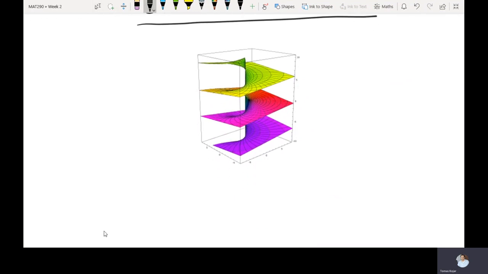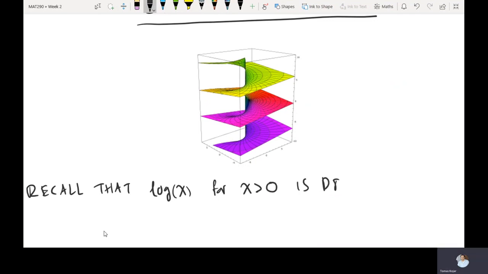First, let's talk about logarithms over the reals. So recall that log of x for x positive is defined as the inverse of the exponential.